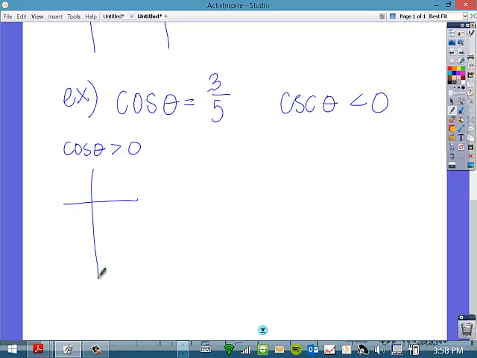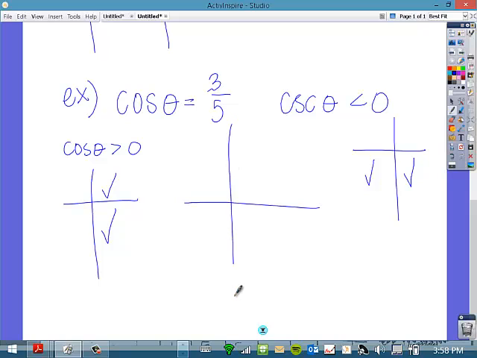So which quadrants is cosine positive in? The first and the fourth. Whereas cosecant negative, meaning where is sine negative? Sine is negative in the third and the fourth. So which quadrant do they have in common? The fourth quadrant. So that means I'm going to draw a right triangle in my fourth quadrant.